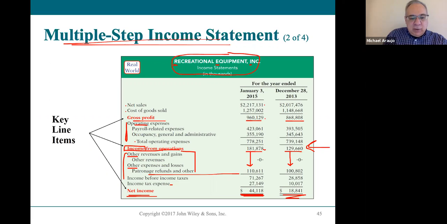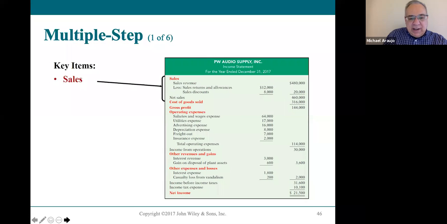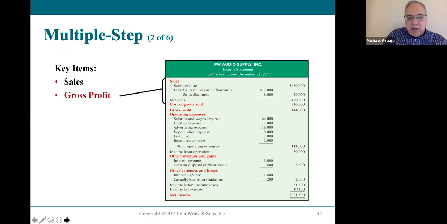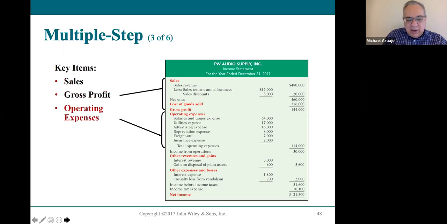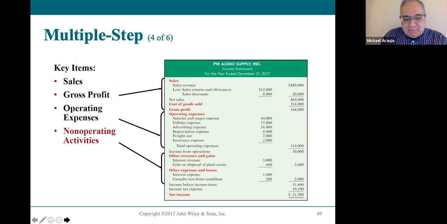Okay. Your book goes over and explains the three lines. Again, I told you about this last time. Sales revenue minus returns and allowances minus discounts gives you the net sales, right? Very important to know because you're going to need to see that. Gross profit is listed, net sales minus cost of goods sold. All your operating expenses are to operate the business.